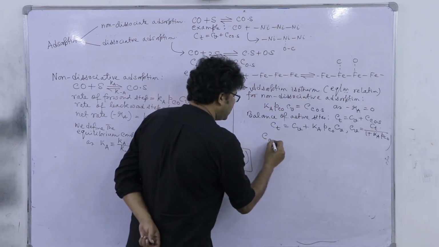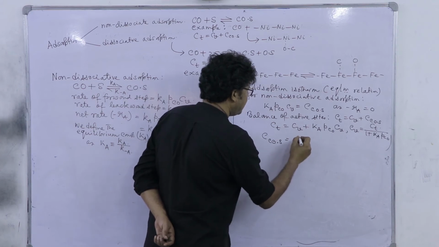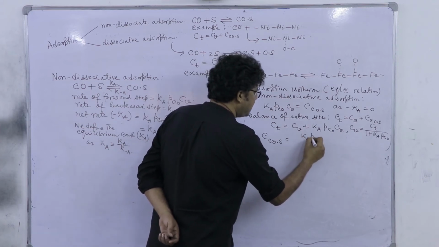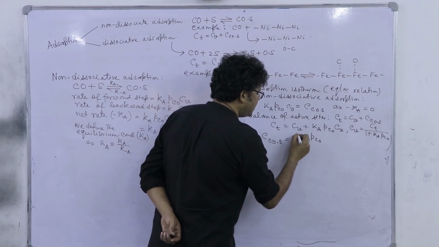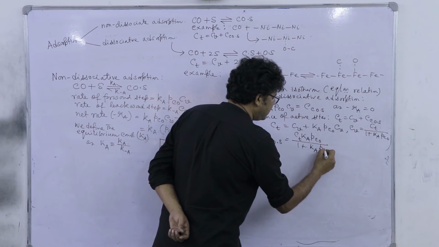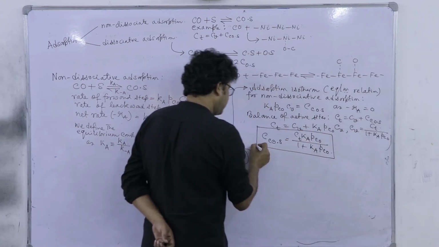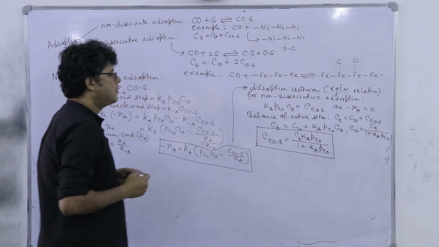So, the adsorbed concentration CCO dot S is equal to Ka PCO Ct divided by 1 plus Ka PCO. Right.